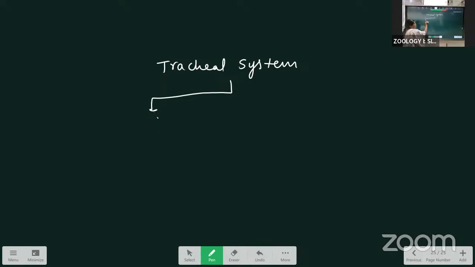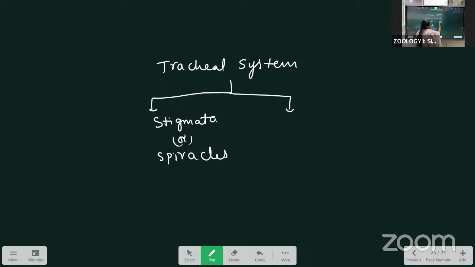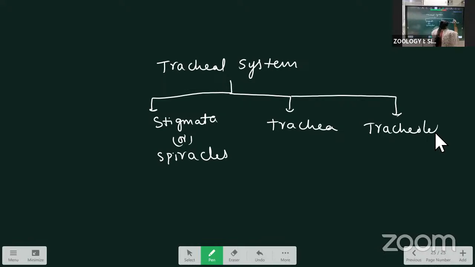They are called stigmata, also called spiracles. Second is the trachea, and third, the tracheoles. These components are present in the tracheal system.